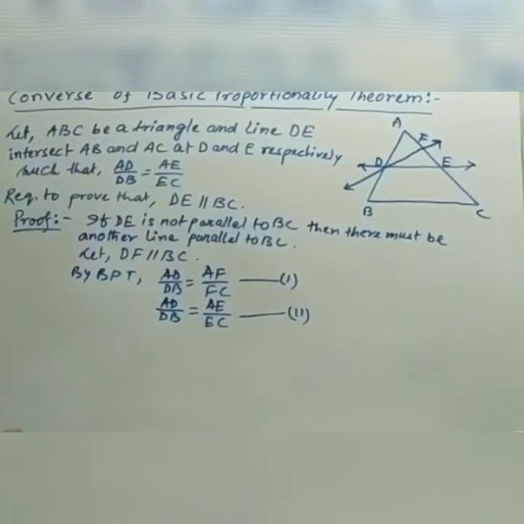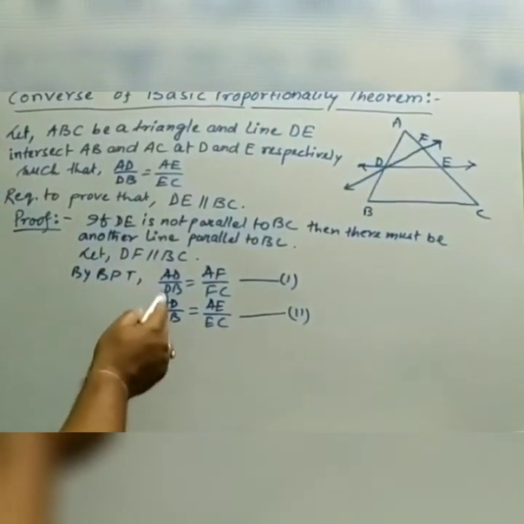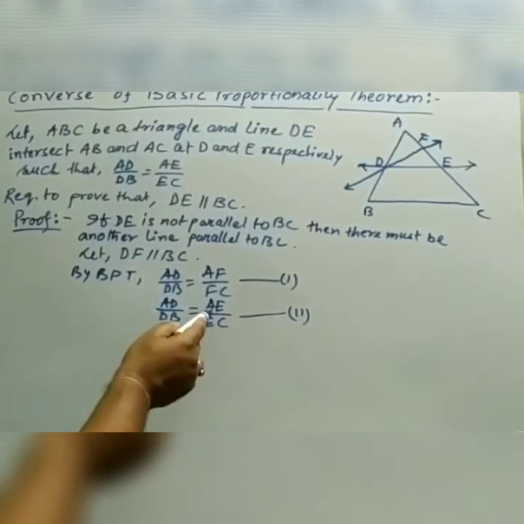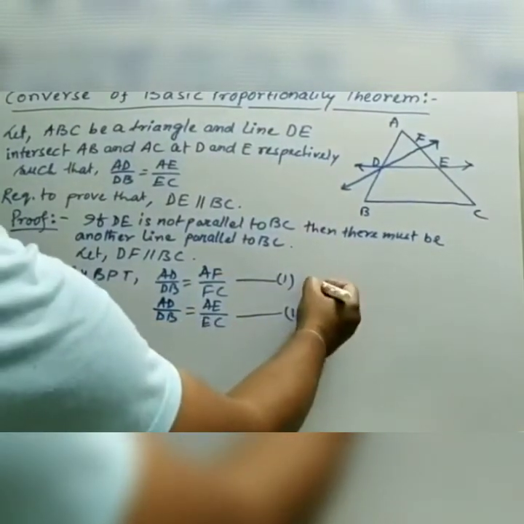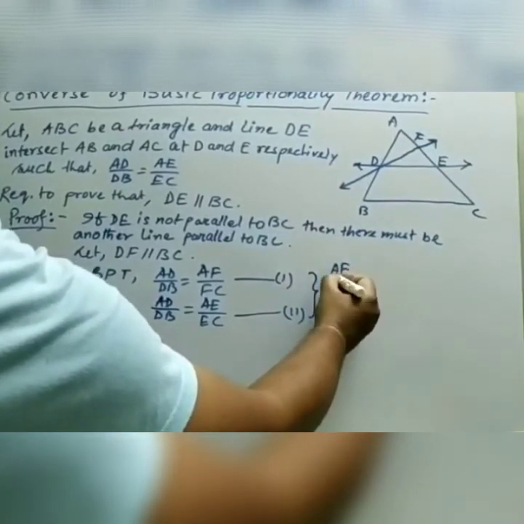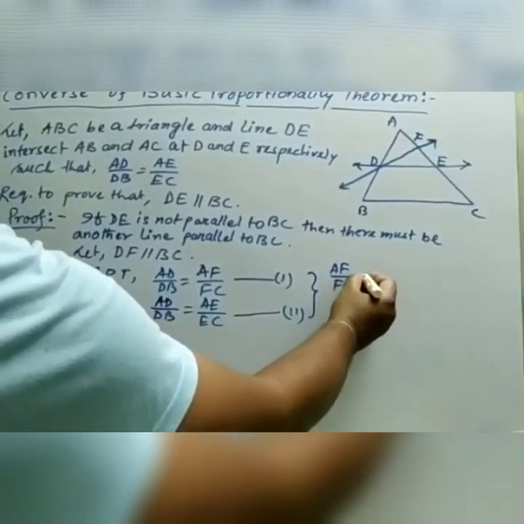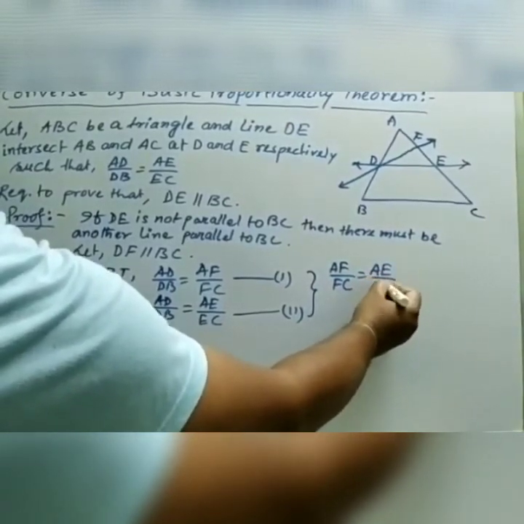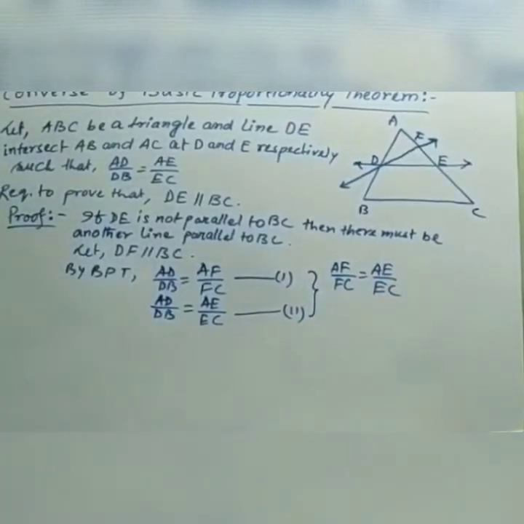You can see from these two conditions both the LHS parts are the same, so the RHS parts are the same. So from these two conditions we get AF by FC equals AE by EC.